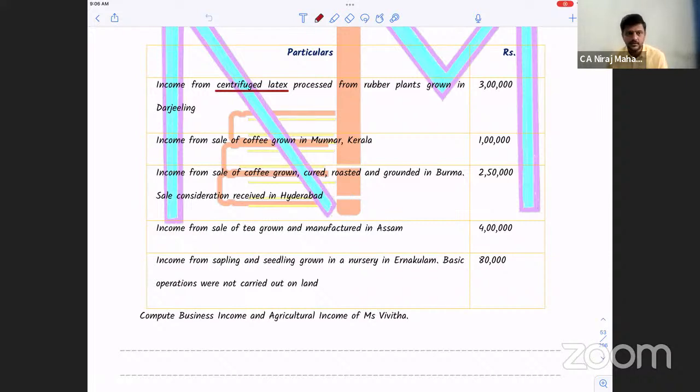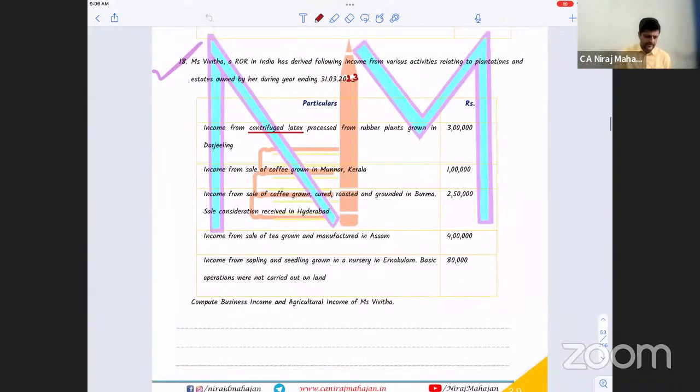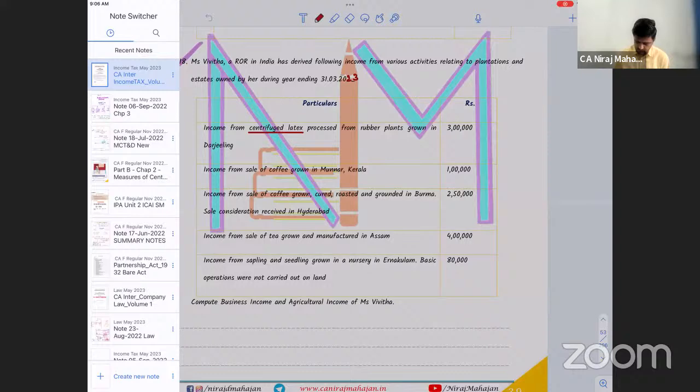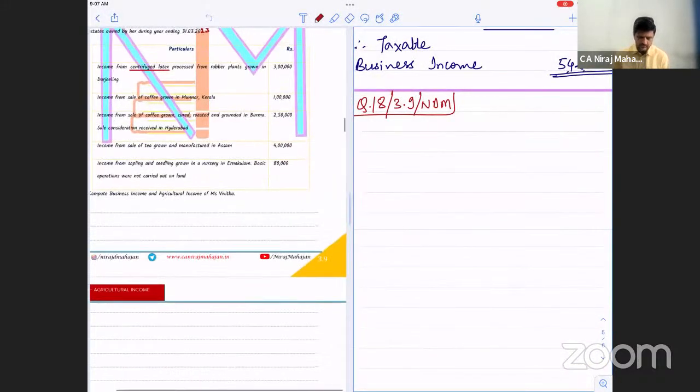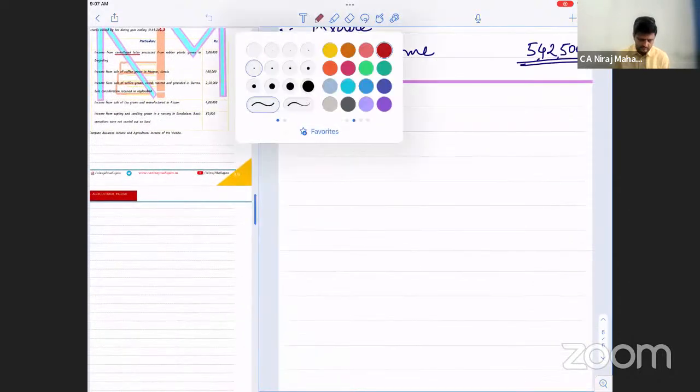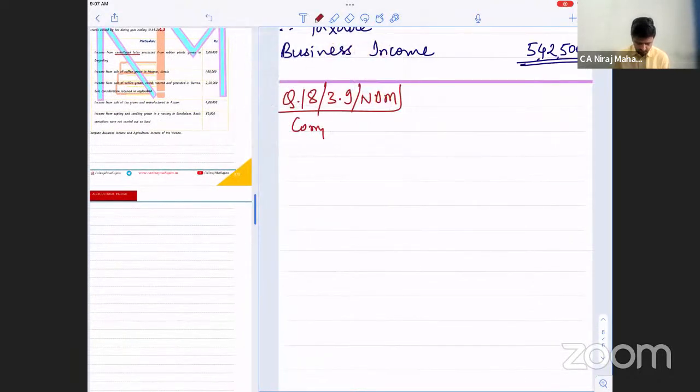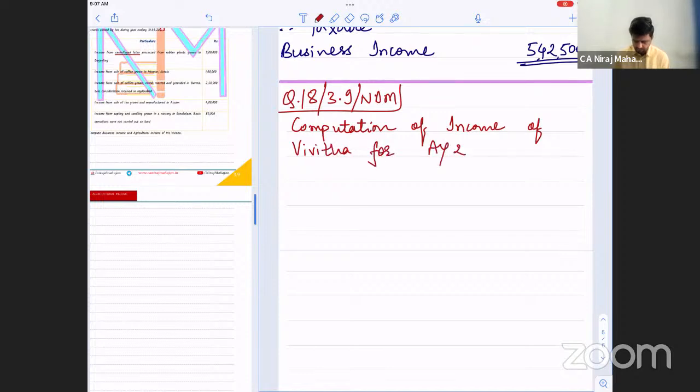Okay, you want to try this? You write the first format. We'll first write a format, which is computation of income of Vivitha for AY 23-24.